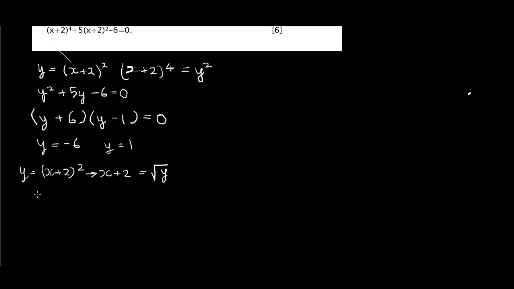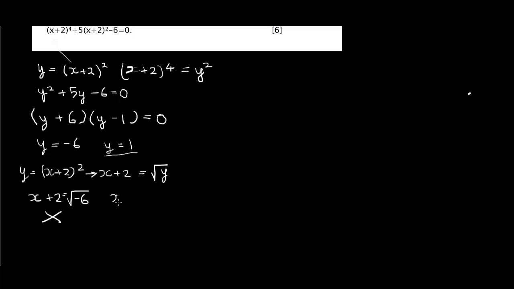So if x plus 2 is the square root of y, we can say straight away if y equals minus 6, then x plus 2 equals the square root of minus 6, which we can't have. So it must be this root here, that value of y.